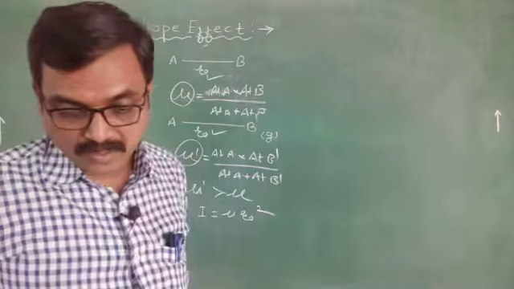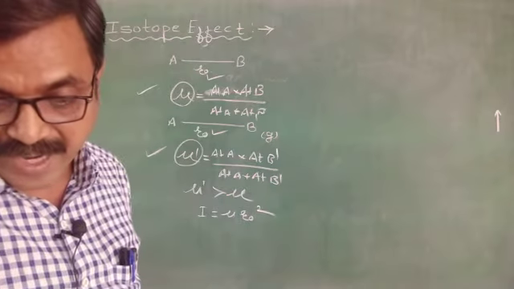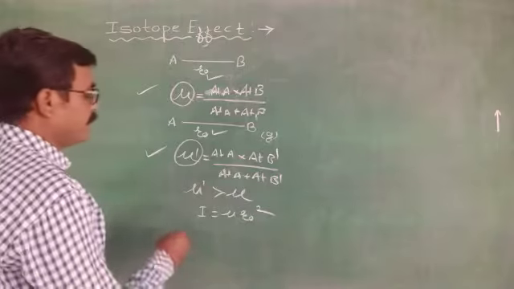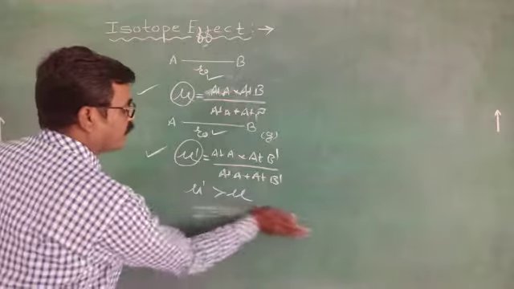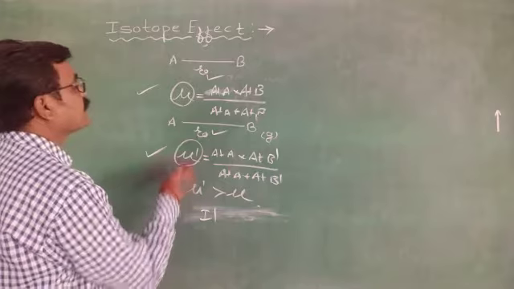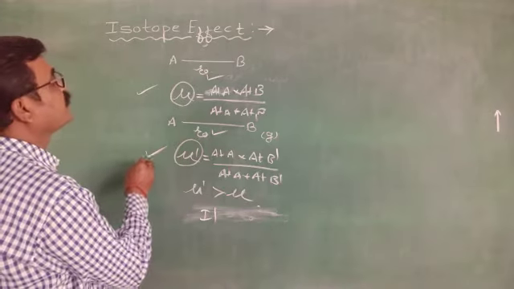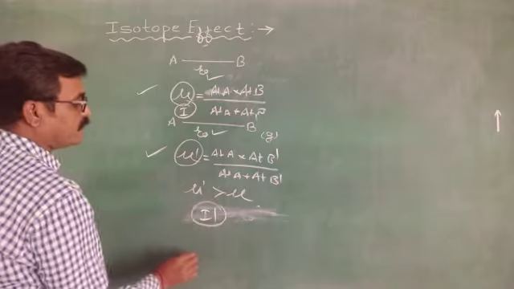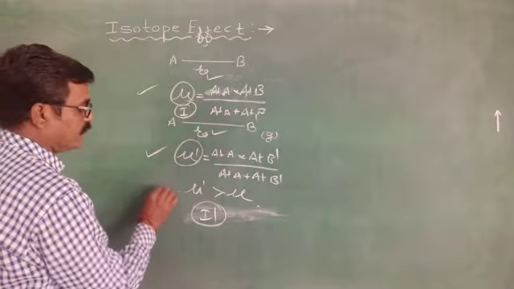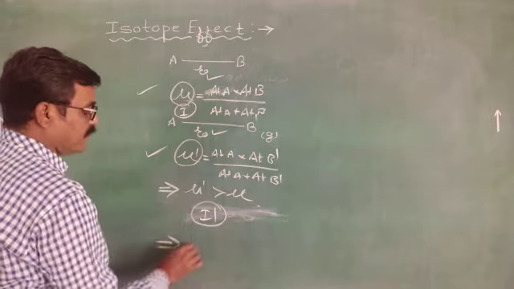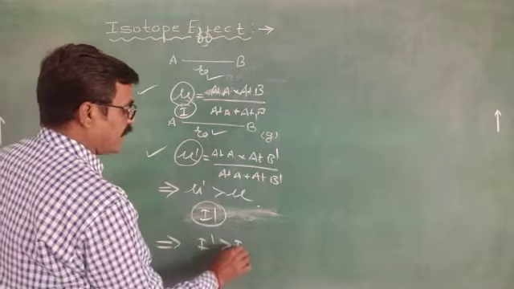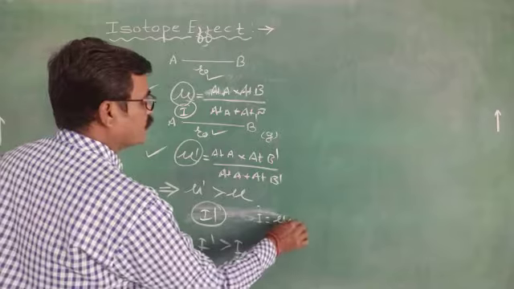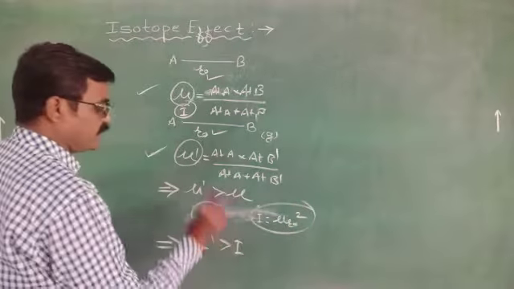Due to this, AB dash will have a higher moment of inertia. Let me assume its moment of inertia is I dash and that of AB is I. Then the second conclusion is that I dash is greater than I, because I equals mu r0 square. This is the general formula, from which it is clear.